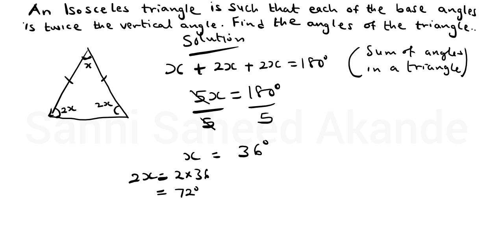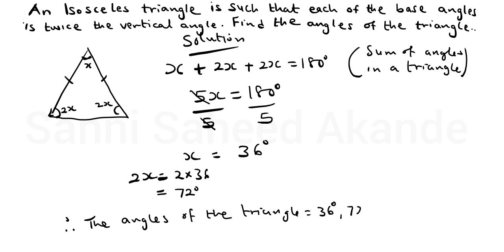I can conclude and say therefore the angles of the triangle are x, which is 36 degrees, then the base angles 72 degrees and 72 degrees. This is the solution to this question.